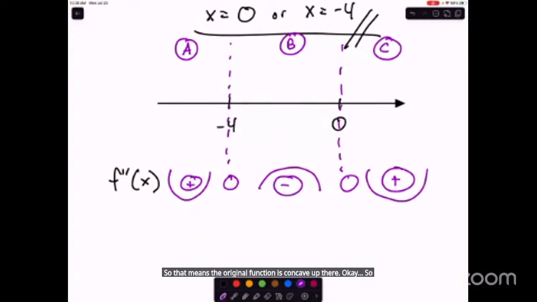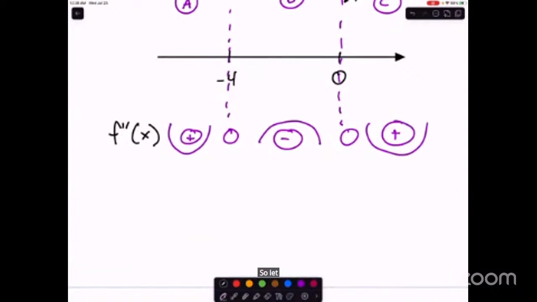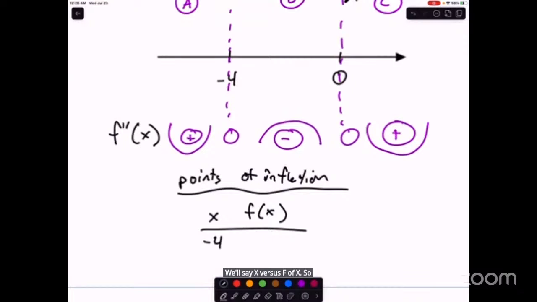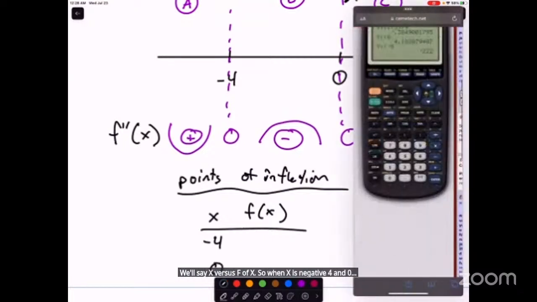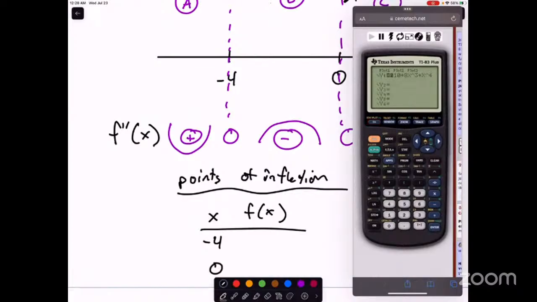Okay. So we got 2 points of inflection when x is -4 and 0. So points of inflection, we'll say x versus f of x. So when x is -4 and 0, we need to find the corresponding y. I think that's the proper original.